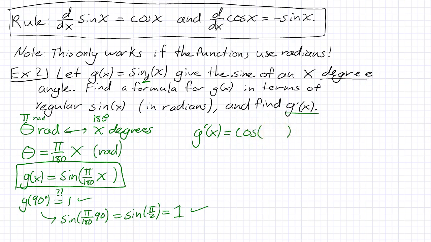But what we plug into this needs to be the original inner function, which is the way the chain rule works. And then we need to multiply that by the derivative of that inner function. And we end up getting cosine of pi over 180 x times this derivative, which becomes just times pi over 180.